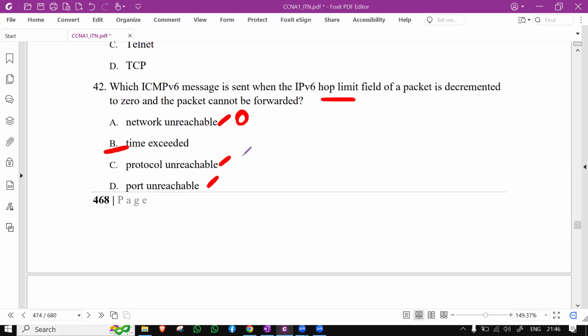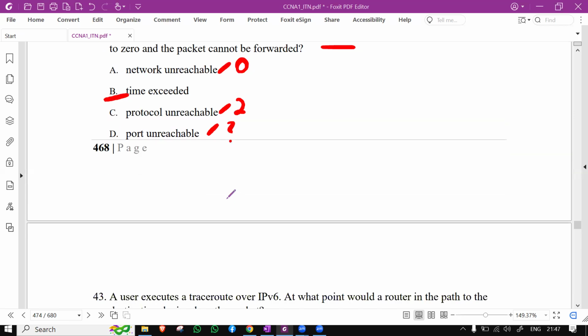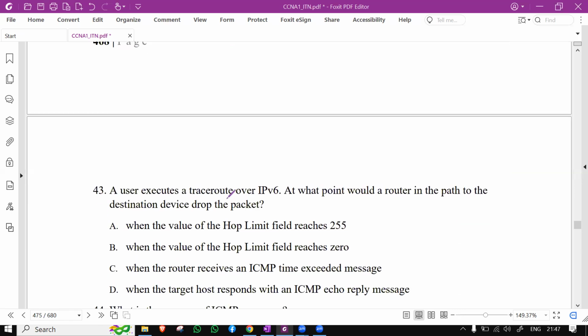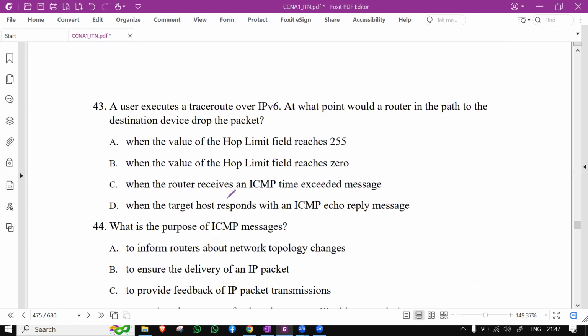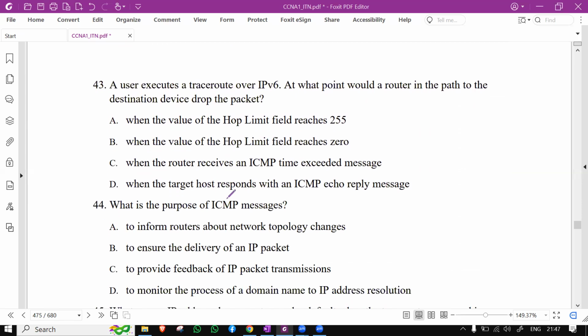Code 2 is probably this one. Not sure about this one, but it should be code 3. You should be able to identify those codes. Next time you do a ping and it's not successful, try to find those codes. It will tell you the reason why that ping was not successful.